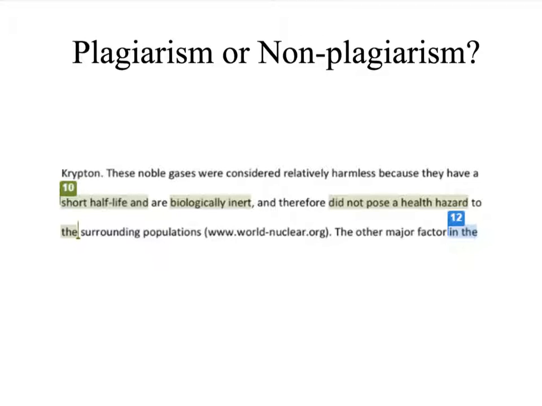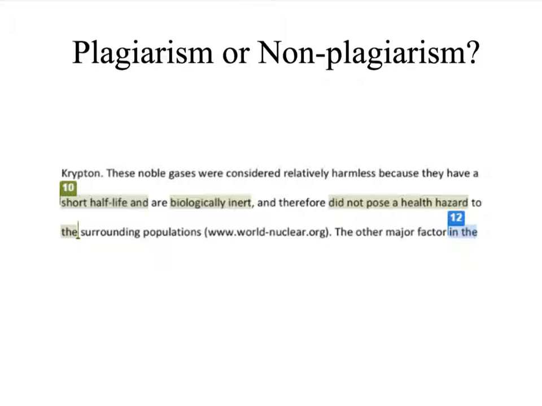In this particular example, we have the highlighted area labeled with number 10, and if you recall the definition of word for word plagiarism, it is 7 or more words in a sequence. If we compare that definition and look at this area, we see that we do not have 7 or more words in sequence.